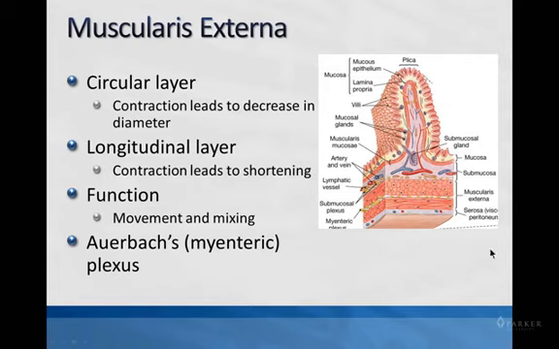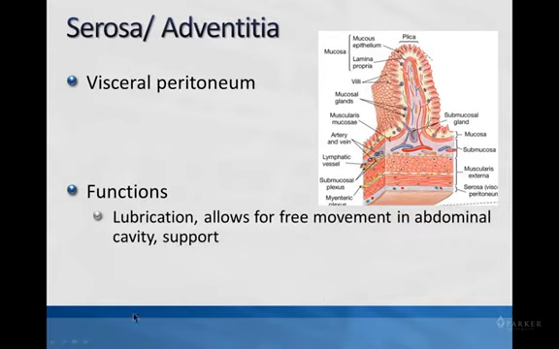Now the outermost layer of the GI tract, the name of it depends on where we are. We have something we could refer to as a Serosa or Adventitia. This layer is composed of some simple squamous epithelium and some loose connective tissue.